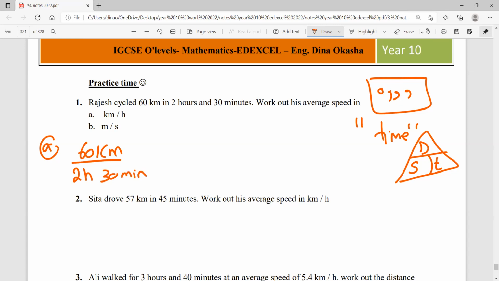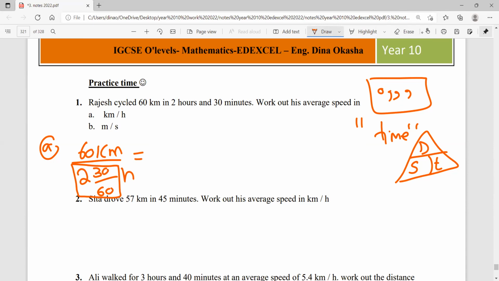Now this time, التايم ده كله على بعضه لازم يبقى in hours. فأنا هغير ال 30 into hours. طبعا how do I change to hours? I divide by 60. فهتبقى 2 and 30 over 60. السؤال بقى how do I put this on the calculator? I put this on the calculator as a mixed number.